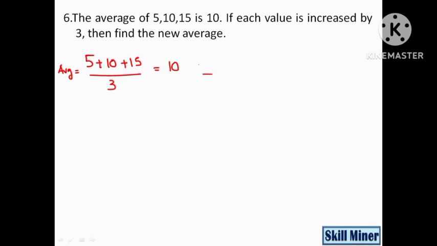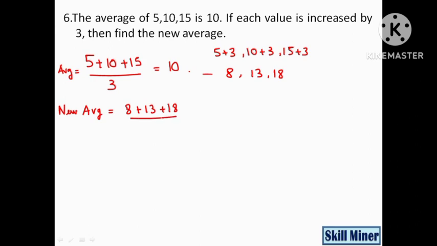If each value is increasing by 3, which means 5 plus 3, 10 plus 3, 15 plus 3, that is 8, 13, 18. I need to find the new average. New average will be 8 plus 13 plus 18 divided by 3.